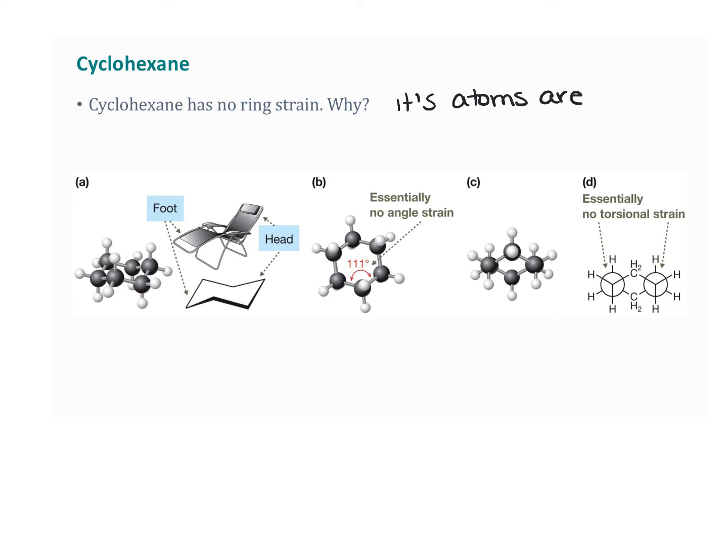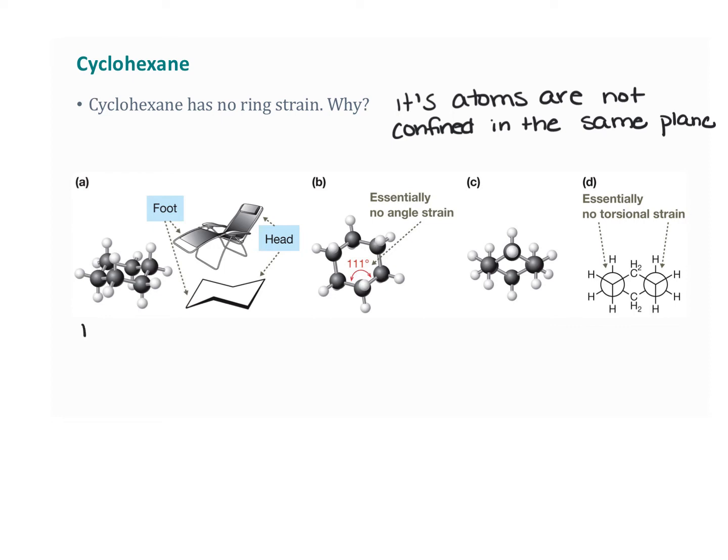In its lowest energy, cyclohexane exists as a chair conformation.